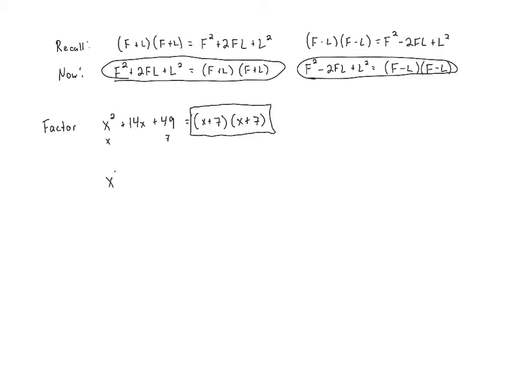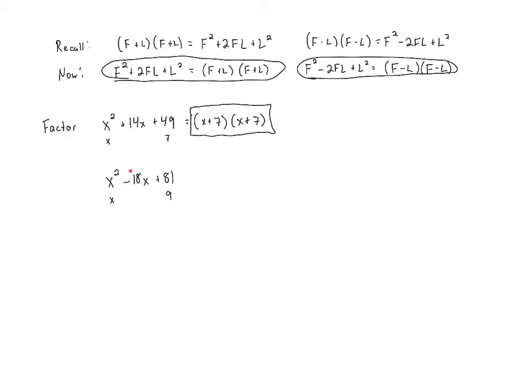Let's look at x squared minus 18x plus 81. This one looks a little bit more like the second form because we've got that negative term in the middle. So let's check and see if it fits. We need the first term and the last to be perfect squares. Well, x squared is x squared, and 81 is 9 squared, so that works.